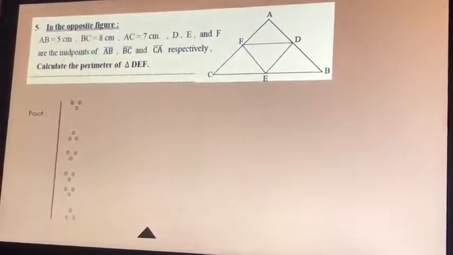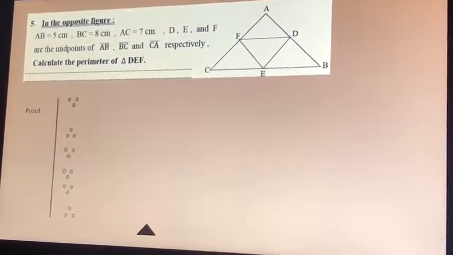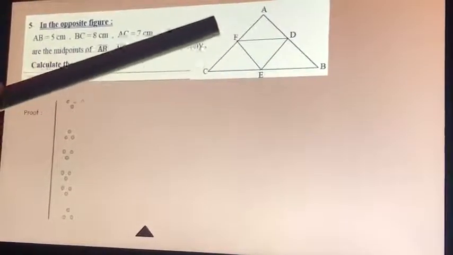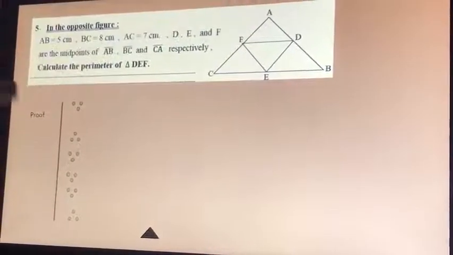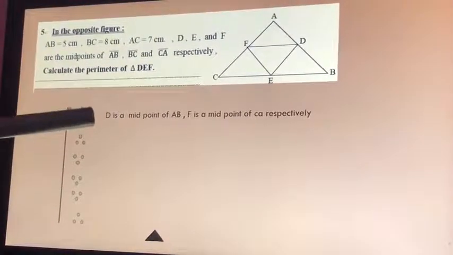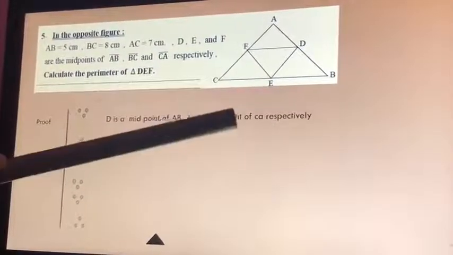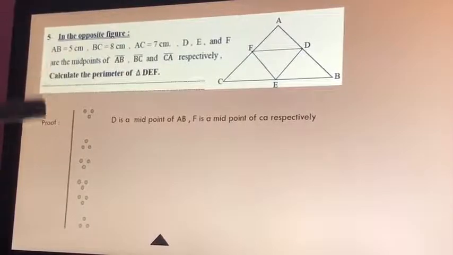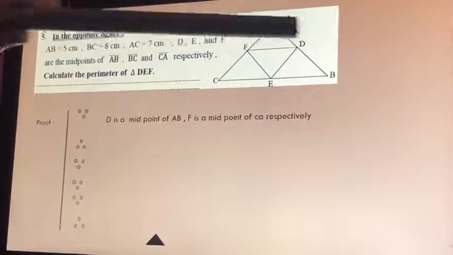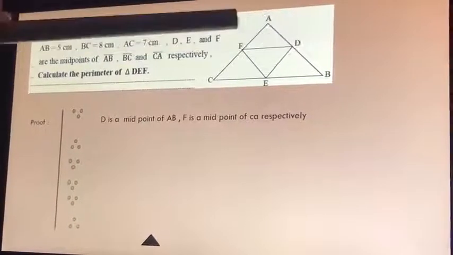So, here I have to talk about my theorem, which is the existence of two midpoints. So first of all, I'm going to talk about these two midpoints, F and D. Since D is a midpoint of AB, F is a midpoint of CA, therefore, what will happen, as I told you before, if there is a line segment joining between two midpoints in a triangle?